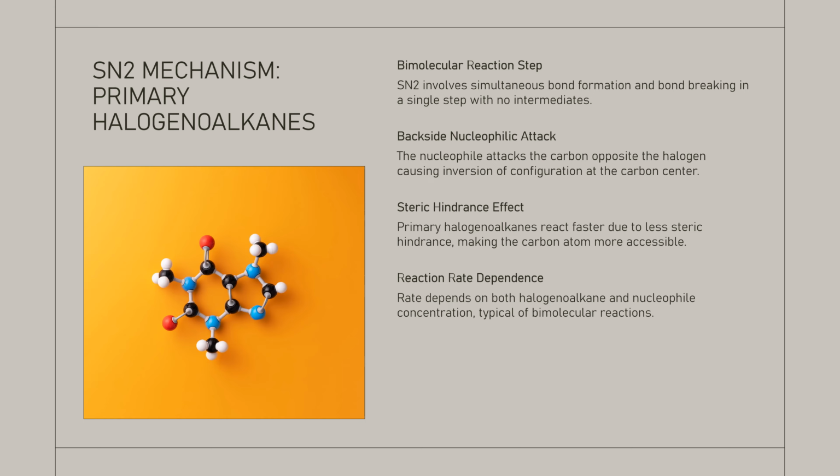The transition state involves partial bonding to both the nucleophile and the halogen. Because the reaction occurs in one step, the rate depends on the concentration of both the halogenoalkane and the nucleophile, which is why it is described as bimolecular. Steric hindrance plays a crucial role. Primary halogenoalkanes react more readily via SN2 because the carbon atom is more accessible to the nucleophile.